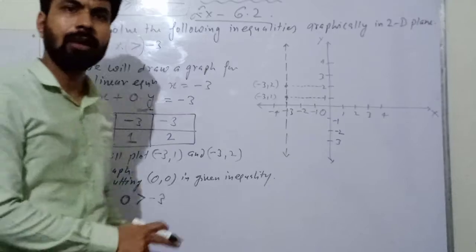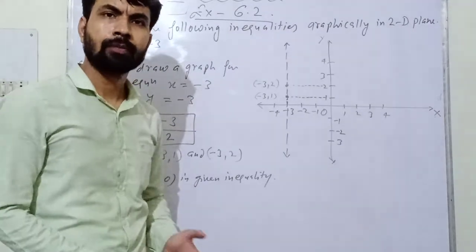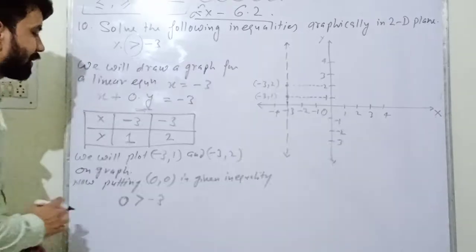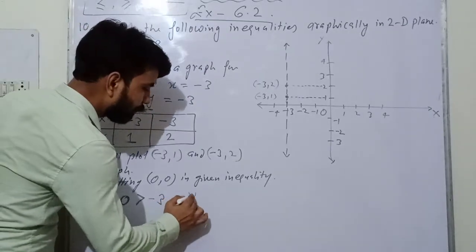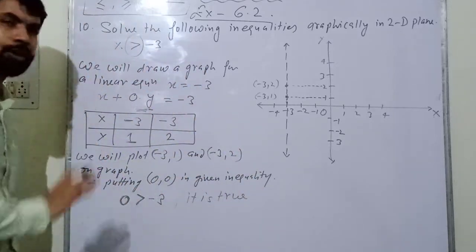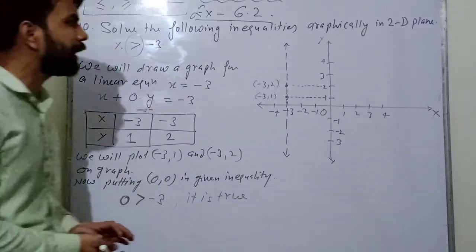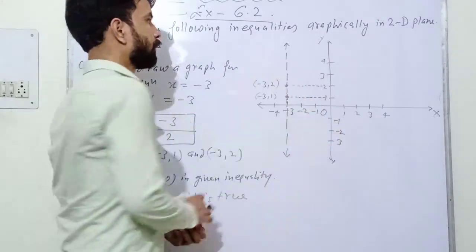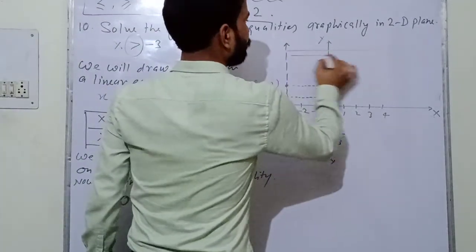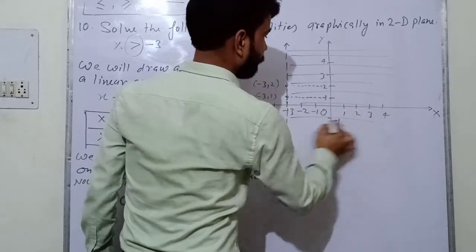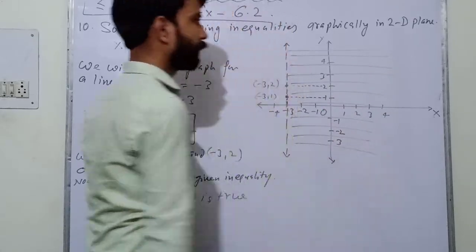Is this condition true or false? Obviously true. 0 is always greater than -3. So you have to write here that it is true. If this condition is true, then we will have to shade the region towards the origin. Origin की तरफ वाला region. So we will shade this portion.